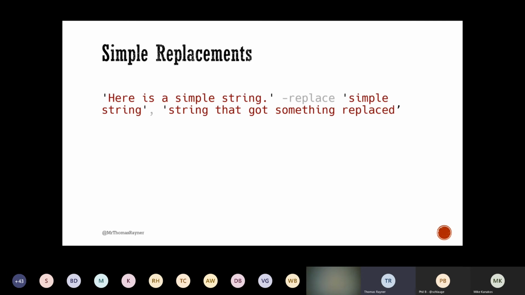Quickly, we'll cover simple replacements. This is PowerShell specific, but there are equivalent operations in pretty much every language. This takes a string on the left of -replace. Apologies that it wraps around, but pretend this is all one line. Here's the simple string, the string that we're working with, our source data.